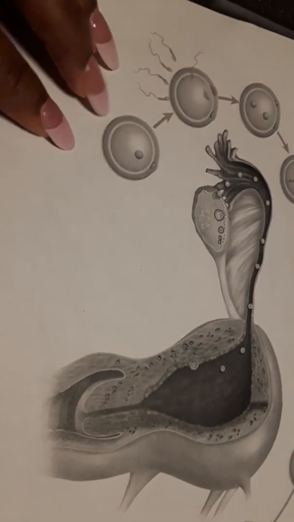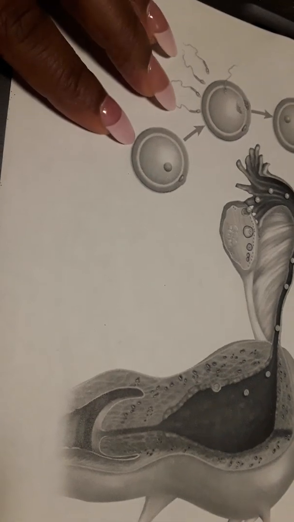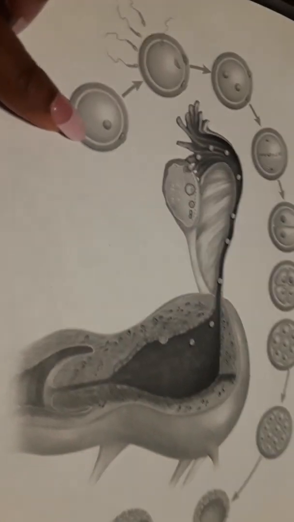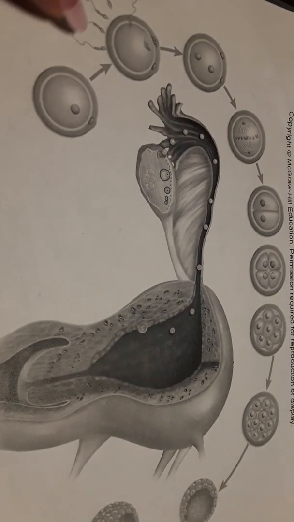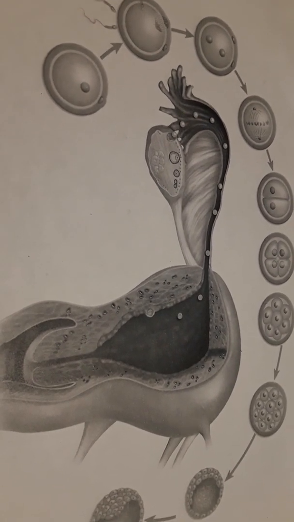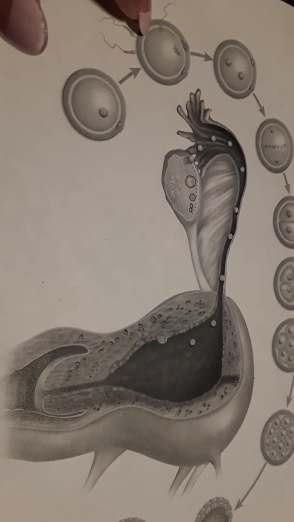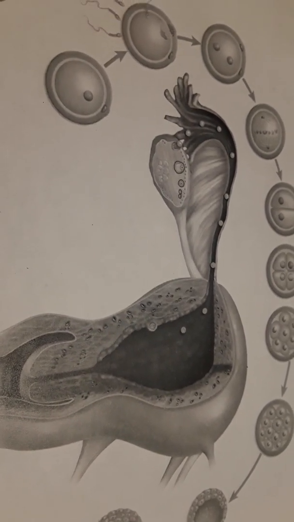So first you have the egg cell, which is the ovum. It has 23 chromosomes. This is in the female. These are the sperm, which come from the male, during the egg. The egg is here.